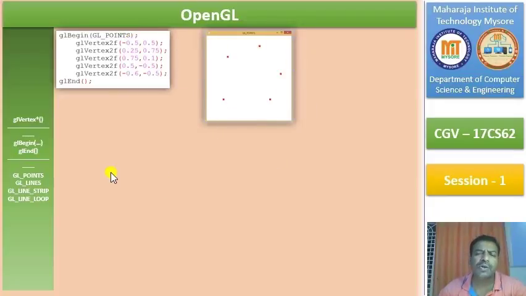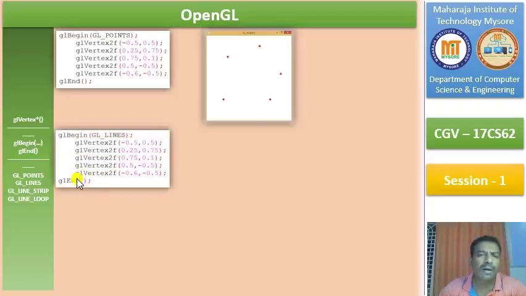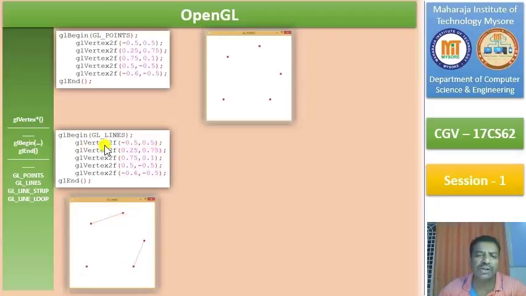Fine. Next we will discuss glBegin where we just replace GL_POINTS with GL_LINES. For the same 5 points, this is the output I'm going to get. The first line is drawn between the first two vertices, and the second line is between point 3 and point 4.